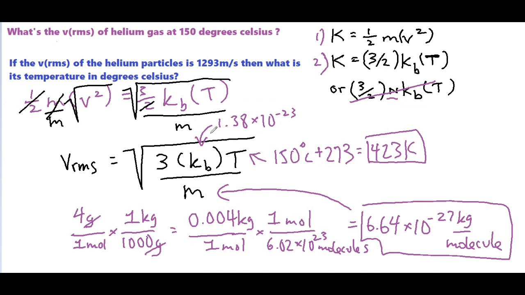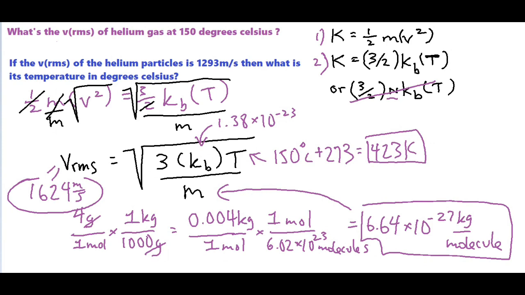I'll take 3 times 1.38 times 10 to the negative 23rd times 423, hit enter, divide it by 6.64 times 10 to the negative 27th, and then square root that answer. And then I would eventually get a final answer of about 1,624 meters per second as my final solution.